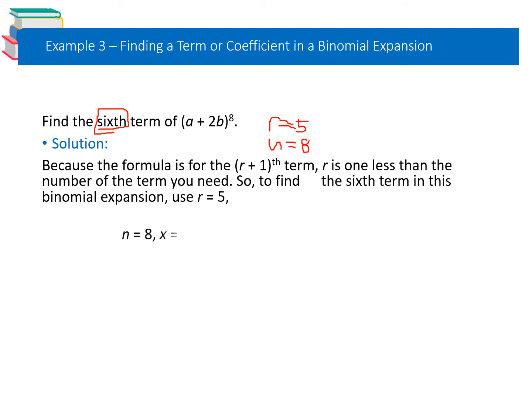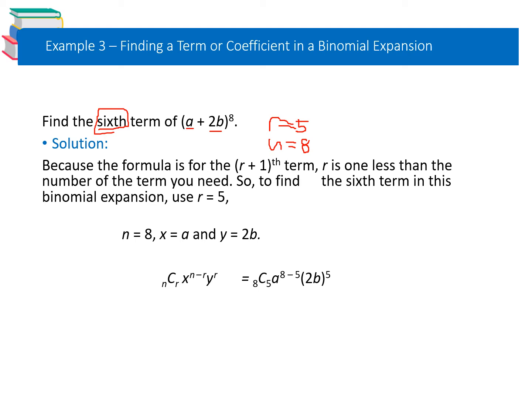And the value of n is 8. So, n is equal to 8, x is equal to a, the first term, and the second term y is 2b. So, nCr x raised to n minus r, y raised to r. Just plug in the values. n is 8, r is 5, x is a, n minus r is 8 minus 5, y is 2b, raised to r, which is 5.